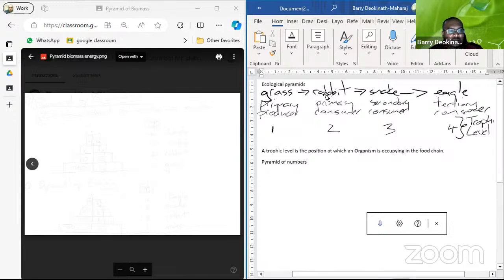So when we are looking at these ecological pyramids, we only look at the habitat which houses this particular food chain at a time. So how are we going to do this now? In the habitat, we look at each trophic level and we get information on each trophic level. So if we say it's a pyramid of numbers, what information do you think we would need to gather for each trophic level?